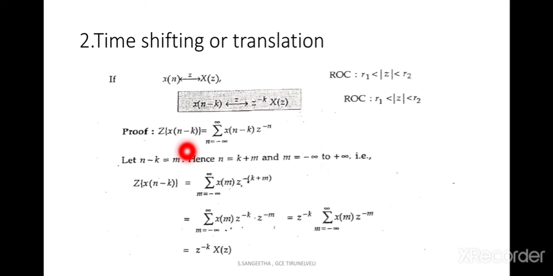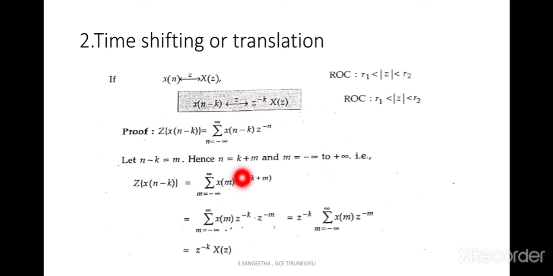Z of x(n minus k) is equal to the summation of n equals minus infinity to infinity, in the place of x(n), we are substituting x(n minus k) into z to the power minus n. So here we take n minus k as equal to m. So let n minus k equal m.